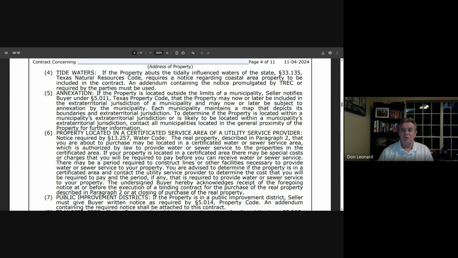One is called Addendum for Property on the Seaward Side of the Gulf Intracoastal Waterway. If you're familiar with the Gulf Intracoastal Waterway or not, it is a man-made canal that runs the entire length of the coastline of Texas, actually all the way around the Gulf Coast, up the east coast of Florida, and all the way up the eastern seaboard.